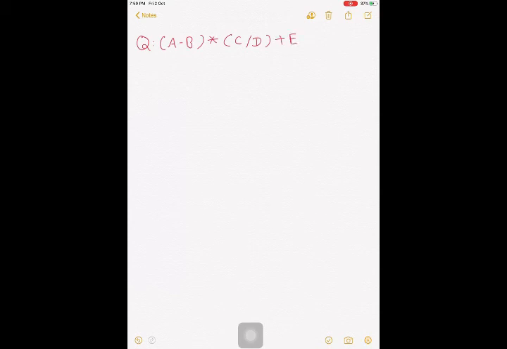In this question you have to differentiate between that bracket and c. They both appear similar, so what you should do is write c in small letters. So this is our given infix expression, and now we have to convert it into a postfix expression.